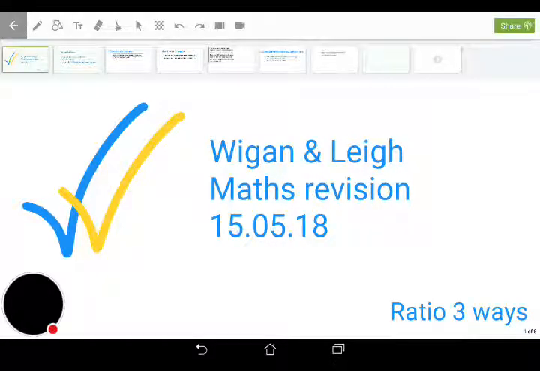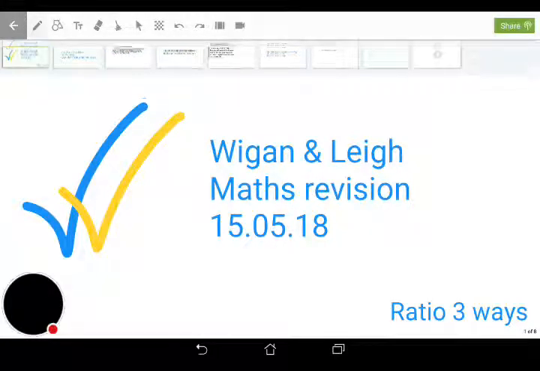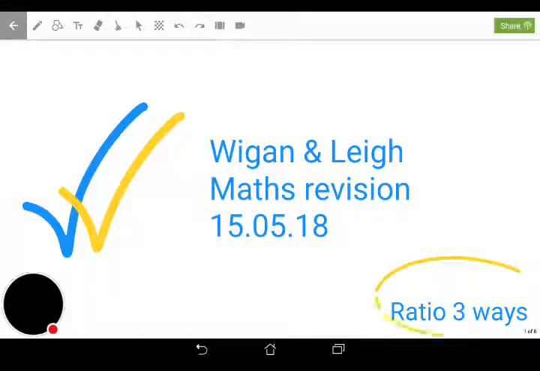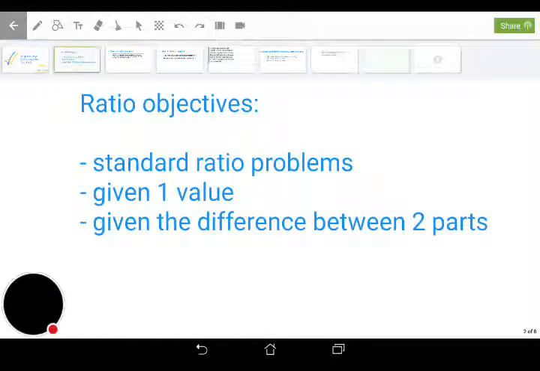So I'm looking at ratio, but I'm not just going to look at standard ratio. I'm going to look at ratio in 3 ways, as it says here. There are 3 kinds of ratio questions, and we need to be comfortable with all 3 of them. Today we're going to look at standard ratio problems, the ones we're probably used to, our go-to version of doing ratio.